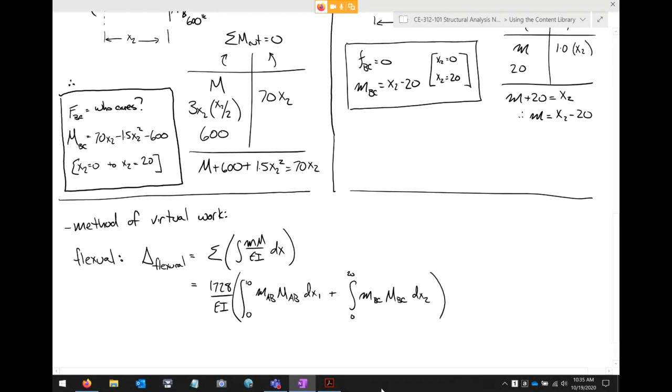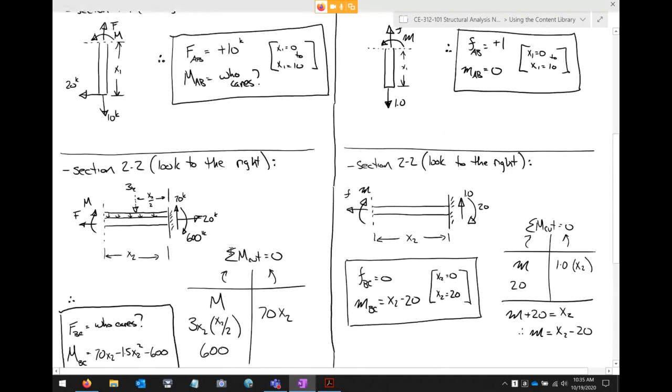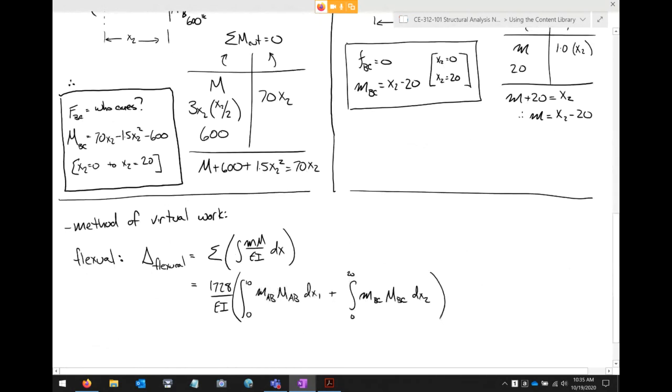But if you remember, little MAB was 0, and I didn't even bother deriving big MAB because this whole integral is going to go to 0. I don't even have to worry about it.